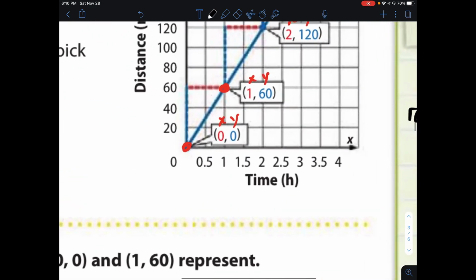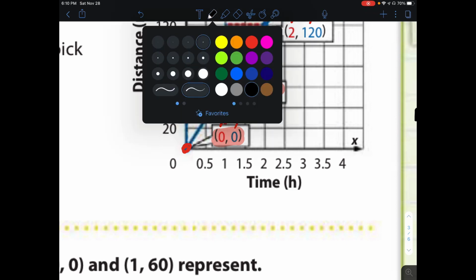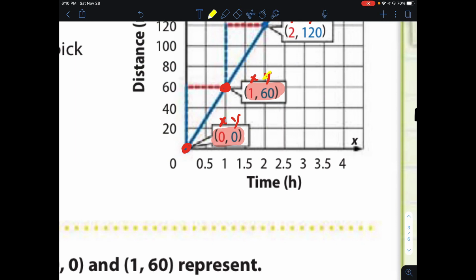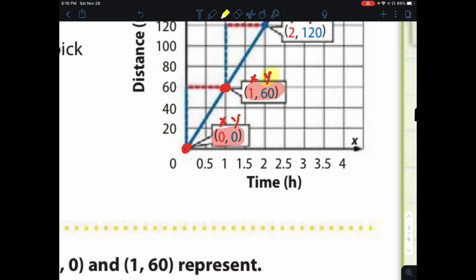So if you look at these 2 points, 0, 0 and 1, 60, let's take a look at the change in y. Our change in y right here, you look at 60 and you look at 0.